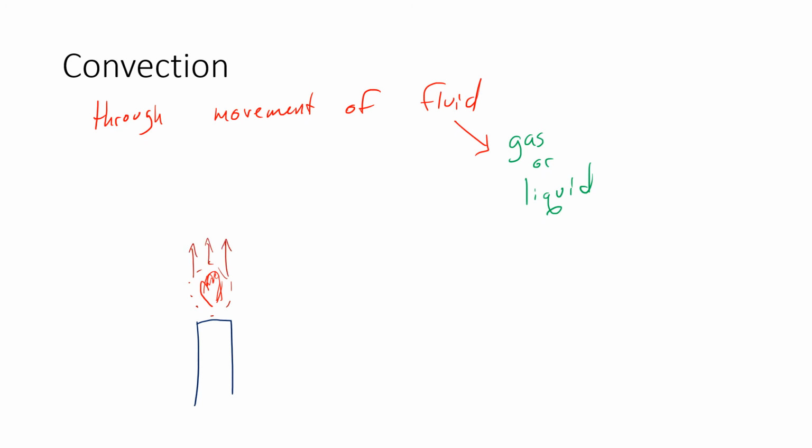The hot air is going to rise up. If you put your hand here, you would feel the heat from the candle. You're feeling it even though you're not touching the fire. You're feeling the hot air that's rising up from there. So this type of heat transfer is called convection.